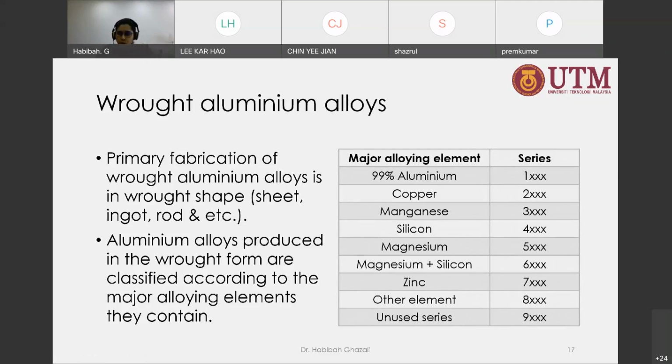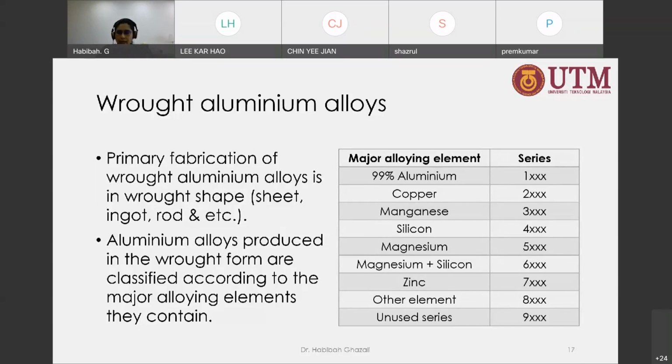And if we have the 2000 series, the major alloying element is copper. For the 3000 series, the major alloying element is manganese. 4000 series silicon, 5000 series is the magnesium. And if the major alloying elements are magnesium and silicon, they are classified as the 6000 series.